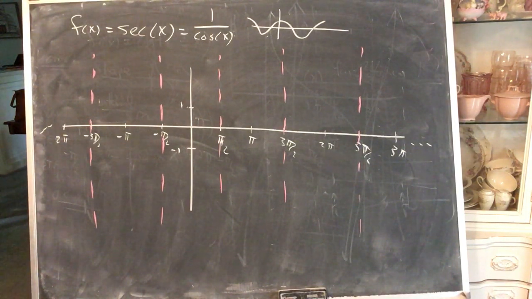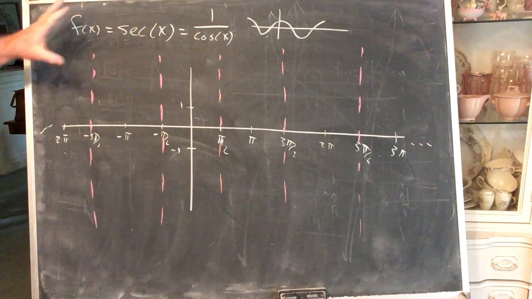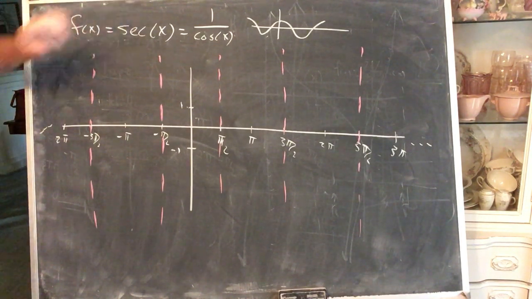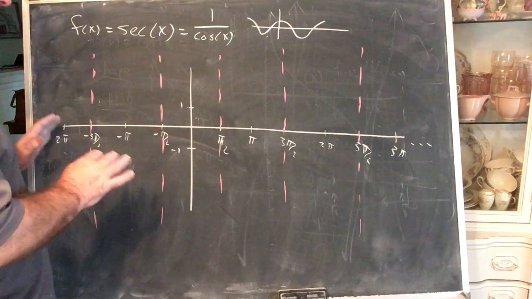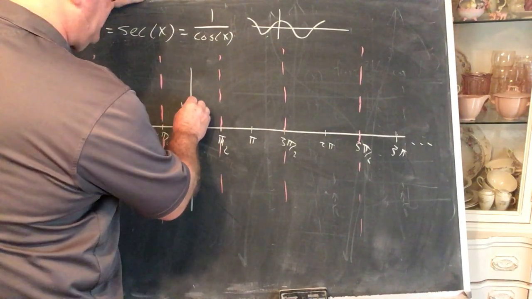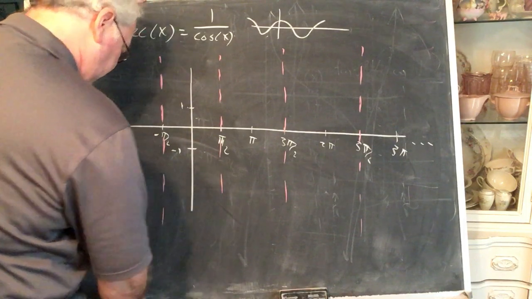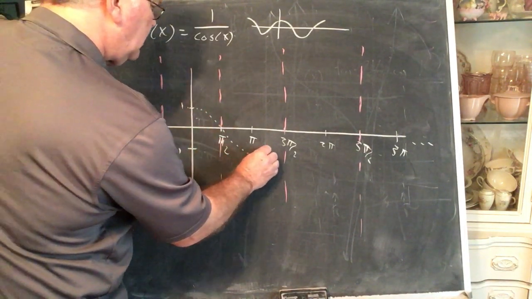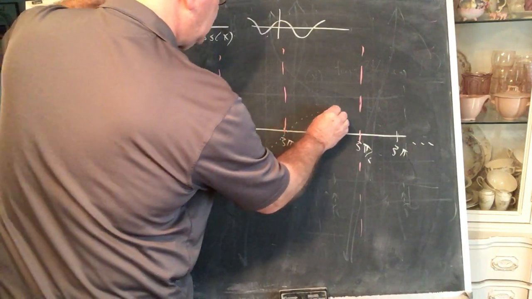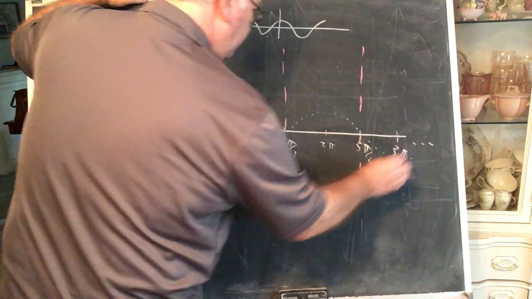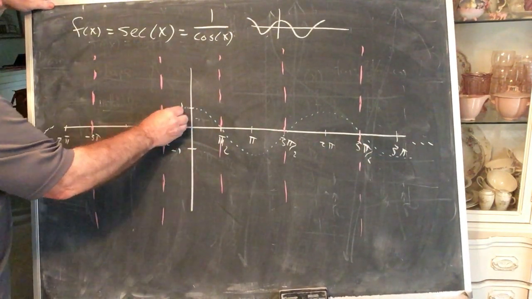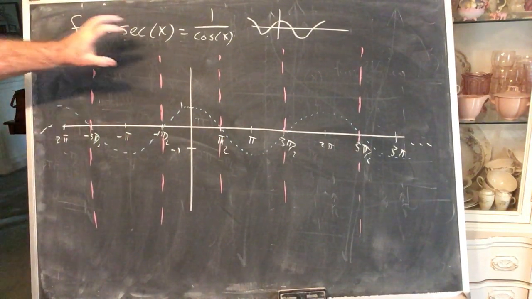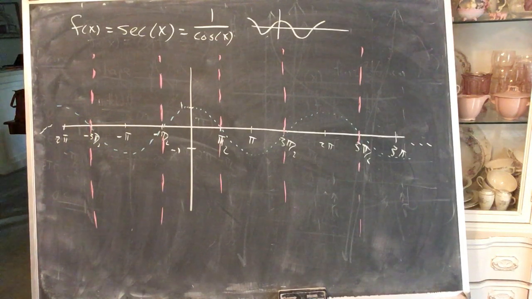Now, the technique for drawing graphs of secant, and it turns out for cosecant, is first sketch in as a dotted line the graph for cosine. So I'm going to dot a line here in blue. So that's a sketch of what the graph for cosine is.